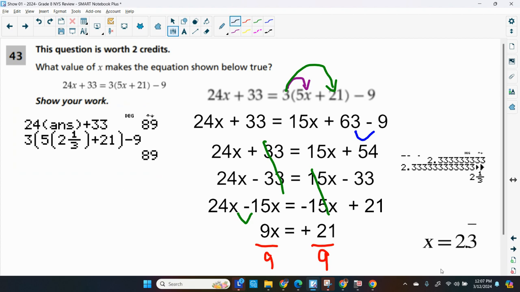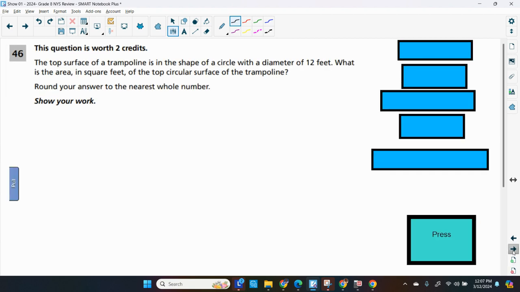That was nice. All right, let's see what else we got. Another question worth 2 points. The top surface of a trampoline is in the shape of a circle, that's good to know, with a diameter of 12 feet. So we're getting some good words here.